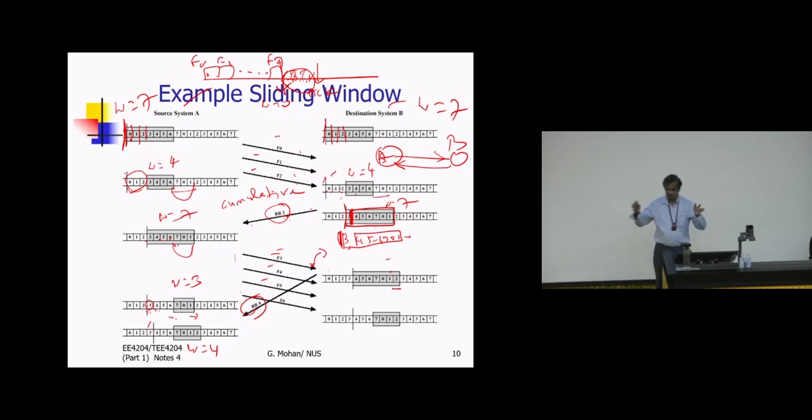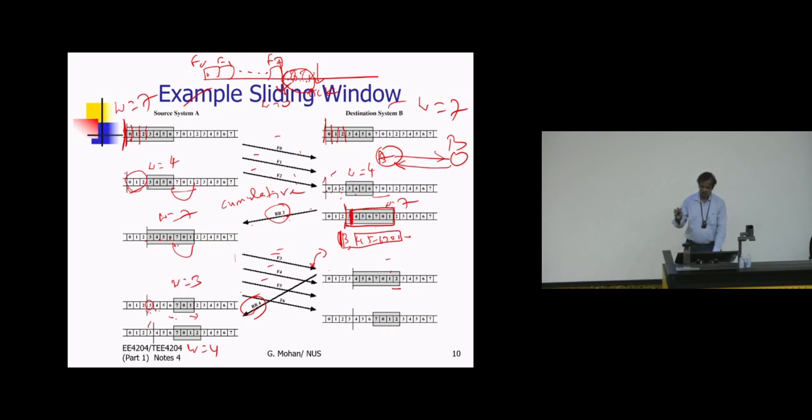So if you keep W equal to 8, there are situations where when an acknowledgement is received, the sender will get confused whether it's acknowledging frame number 3 in the current window or in the previous window. So to avoid that confusion, window size is kept at least one smaller than 8.